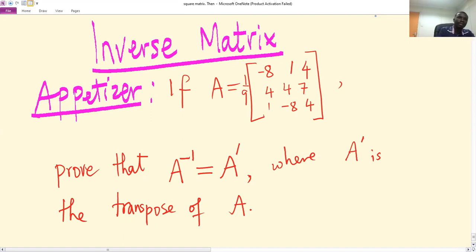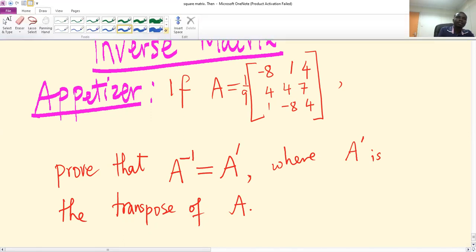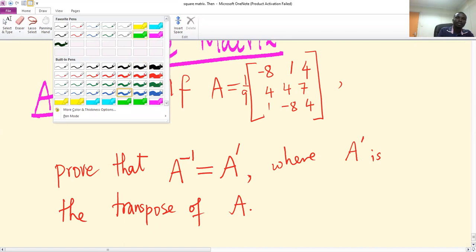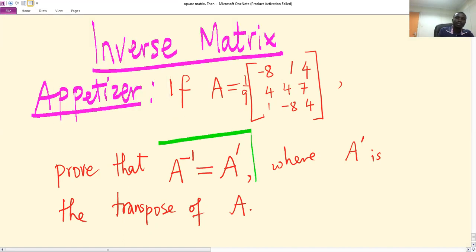We have to prove that the inverse of this matrix A is the same as its transpose.